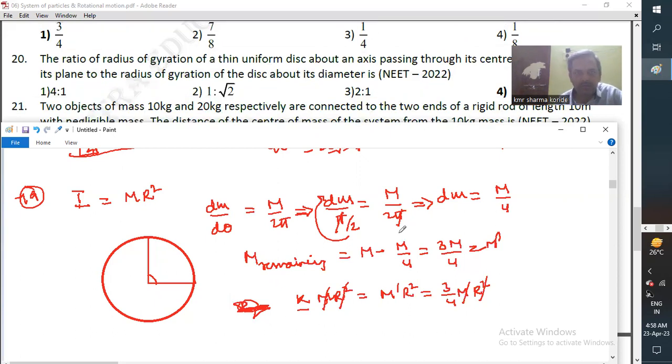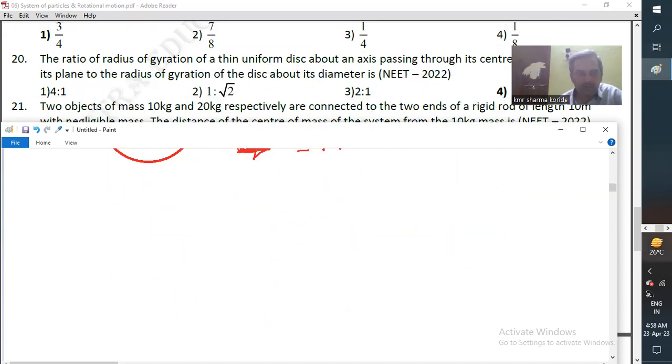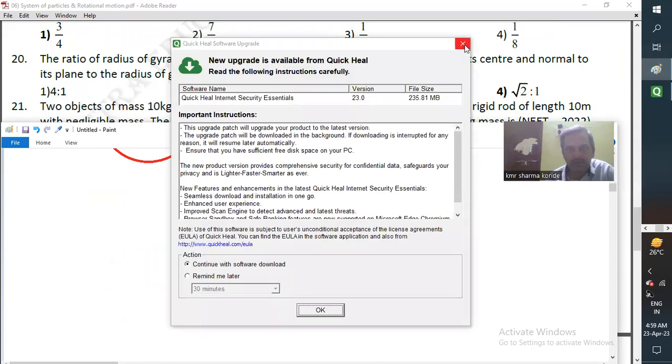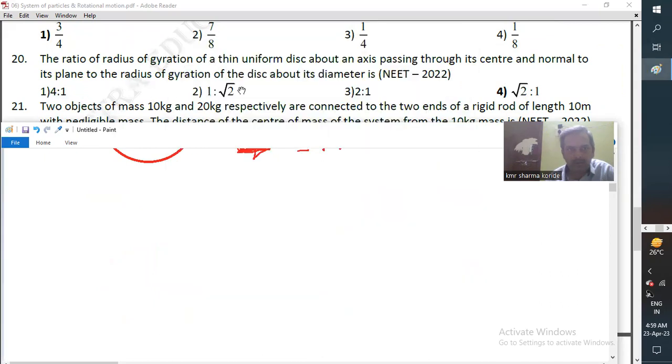Moving to the next question. The ratio of the radius of gyration of a thin uniform circular disc about an axis passing through its center and normal to its plane to the radius of gyration of the disc about its diameter. So let us get back to the basic formulas of the disc.